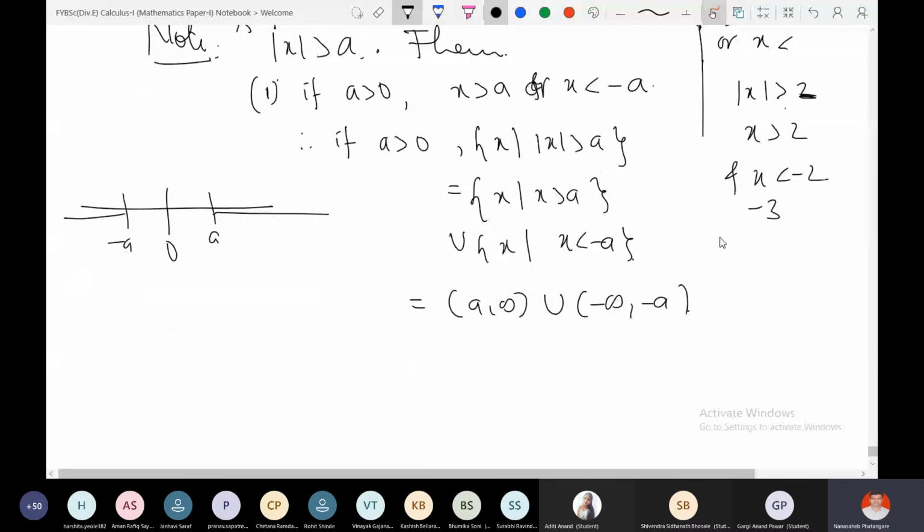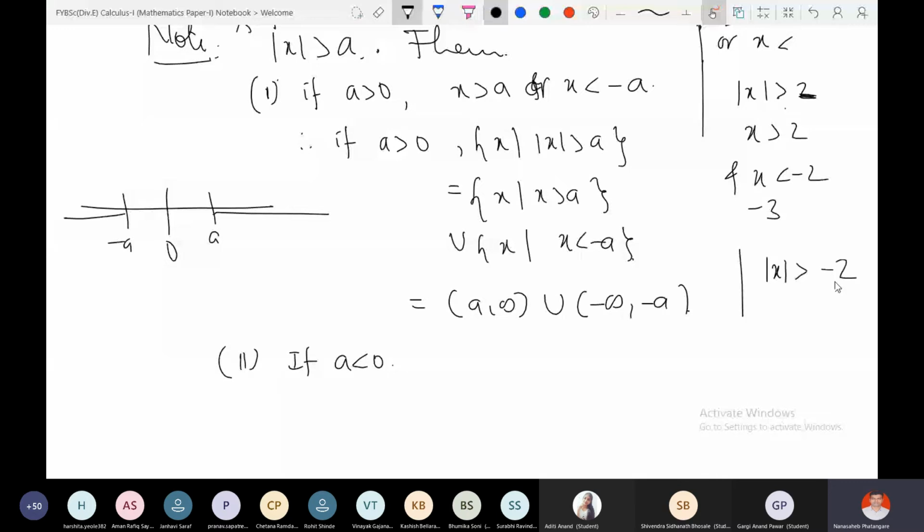But when I say absolute value of x is greater than a and a is negative, then what happens? If a is negative, for example, when I say absolute value of x is greater than -2, what can you say about this?